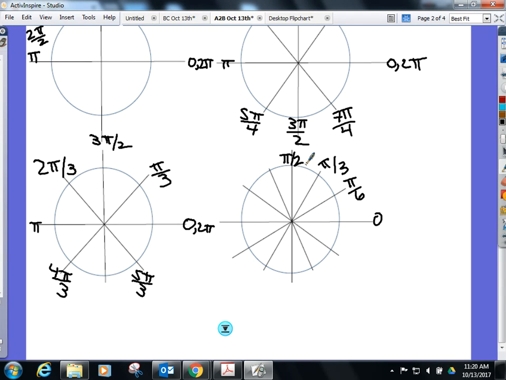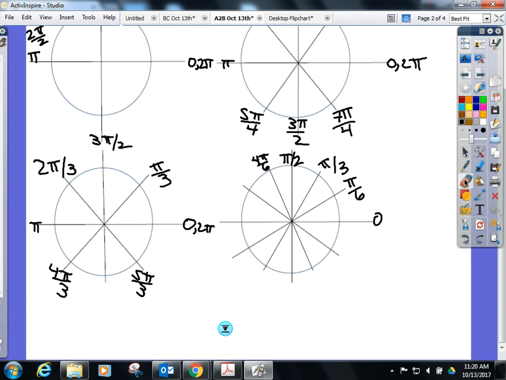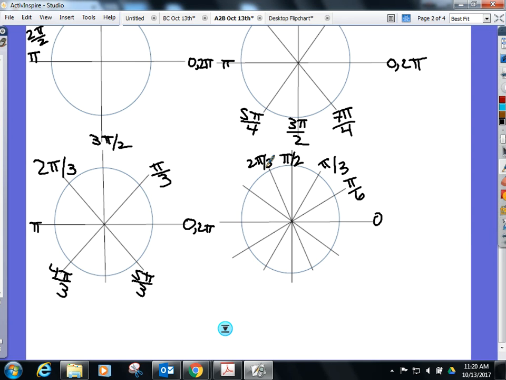One, 2, 3. Now I'm at 4 pi over 6. You want to reduce that? That'll be 2 pi over 3. All I did was just reduce it. Keep going. 1, 2, 3, 4. What am I at now? 5 pi over 6.